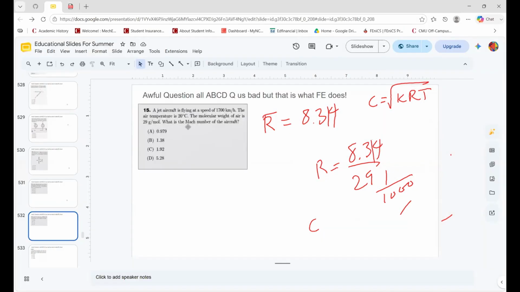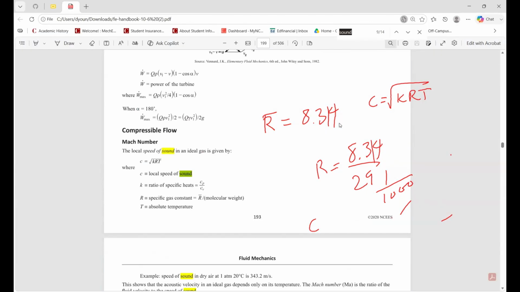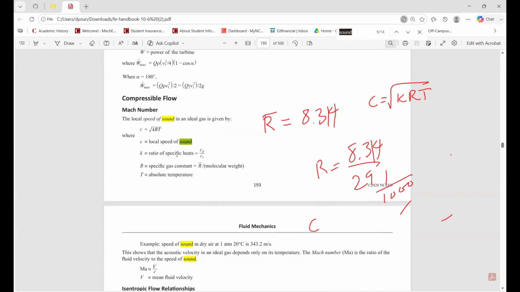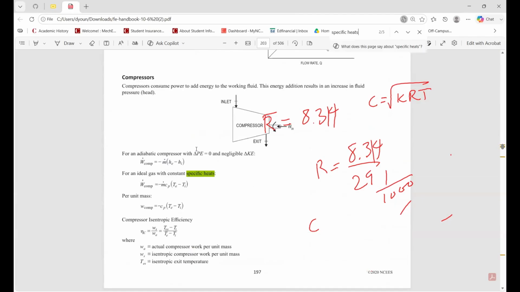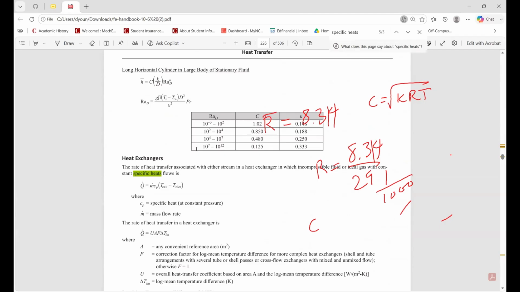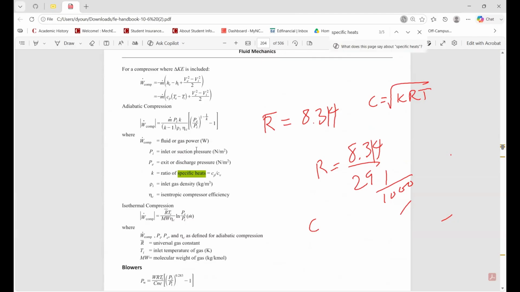So let's just do sound again. K, ratio of specific heats. Control C, Control F, specific heat, specific heat. Do they really not have specific heat ratios down here? You're trolling me now. Honestly, what? So you're telling me that I have to memorize 1.4.